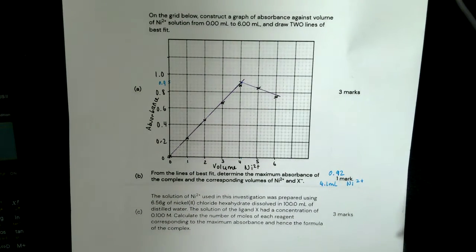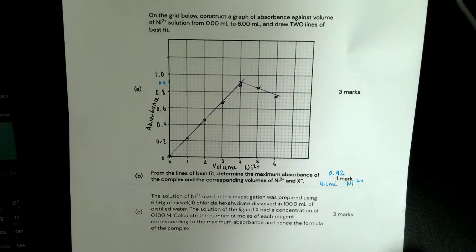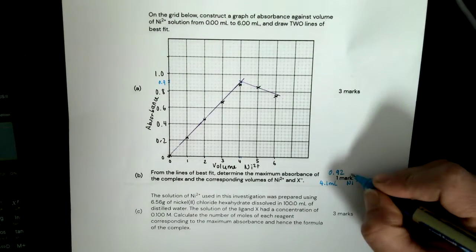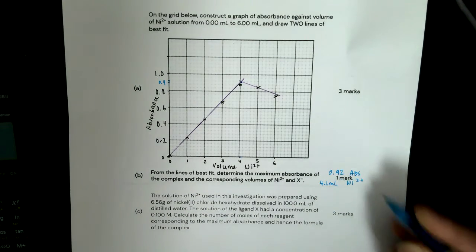Depending on where your line intercepts, what we just want to see is that you're reading off your data set. The maximum absorbance might be a little bit lower or possibly a little bit higher, but that's all you really need to do there.